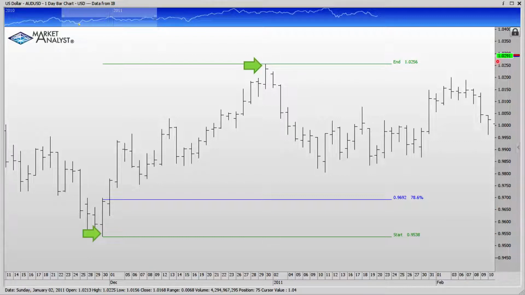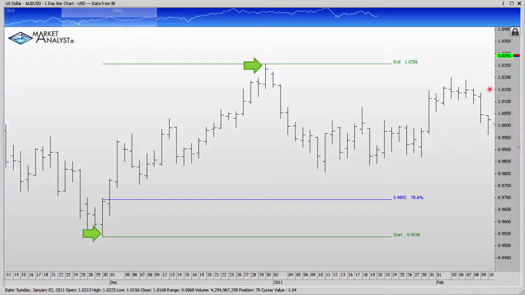This is the vertical axis, the y-axis of our chart. And that's why I refer to this technique as vertical market geometry. Even though these lines that we plot are horizontal lines, what we're really measuring here is price, which is on the vertical axis. So that's why we call it vertical market geometry.